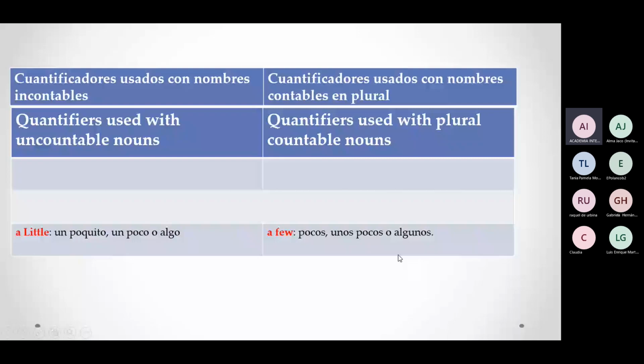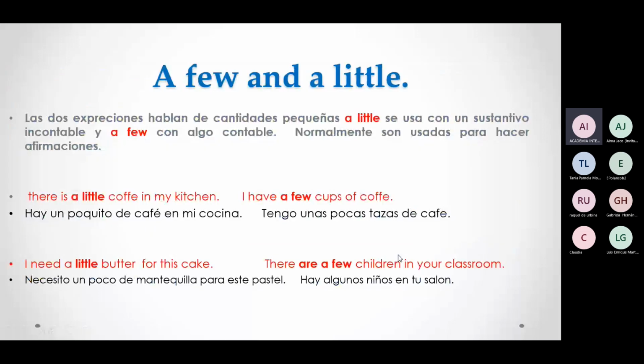And here we have some examples of how we can use a little and a few in sentences in English. So we already know what the main difference between them is. And these expressions express quantity, expresan una cantidad, pero no una cantidad exacta, ¿verdad? Las dos expresiones hablan de cantidades pequeñas.